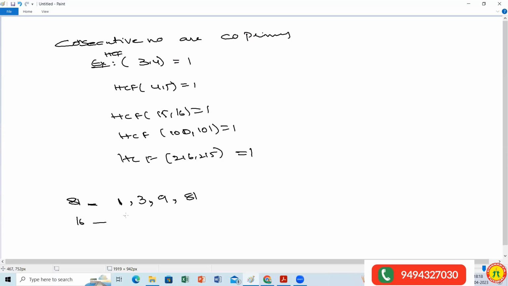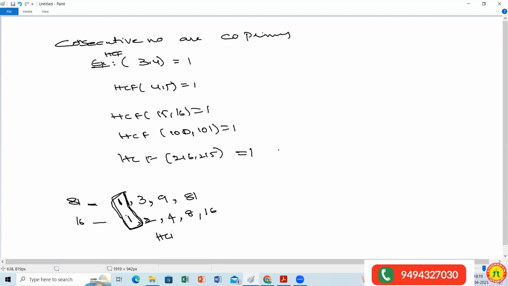What are the factors of 16? Sorry, children. Advika, what are the factors of 16? 1, 2, 4, 8, 16. What are the common factors? What are the common factors here?